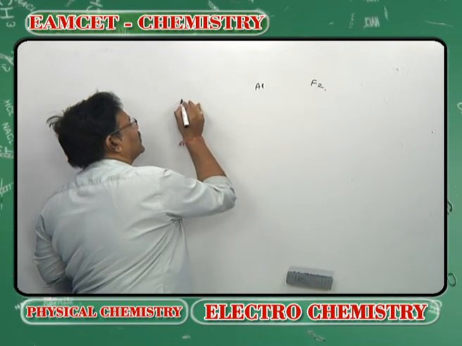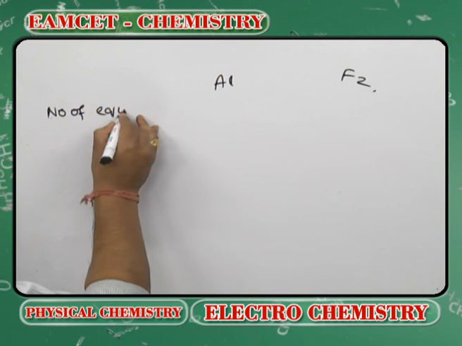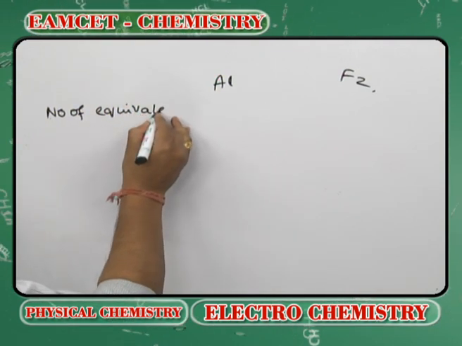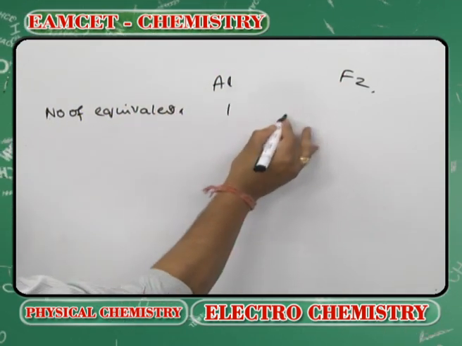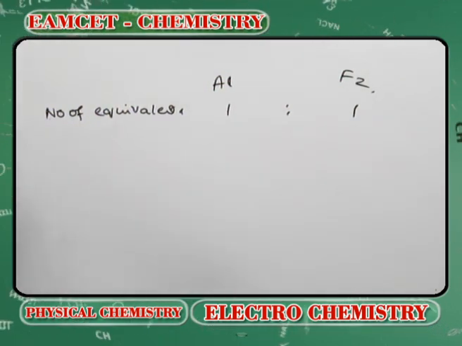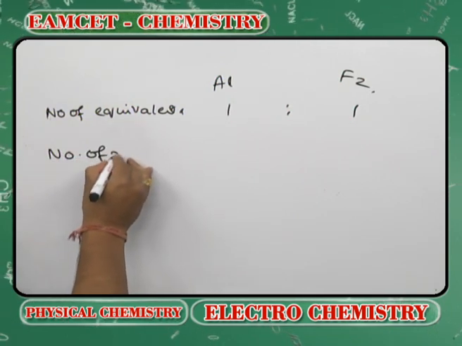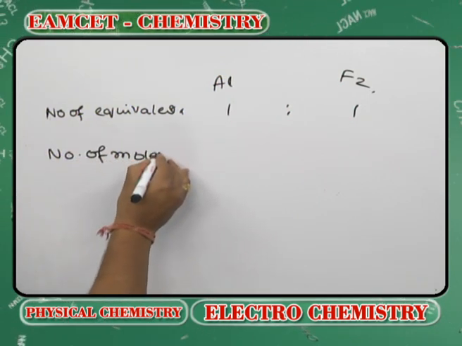What will be the equivalent ratio? The ratio of the number of equivalents is 1:1. How do you get the number of moles?